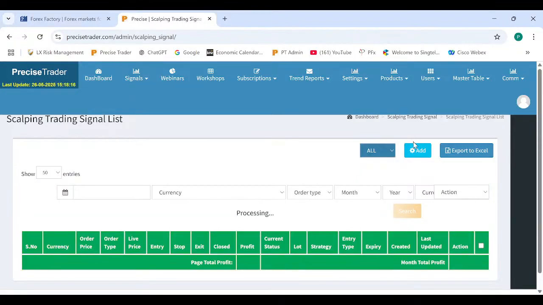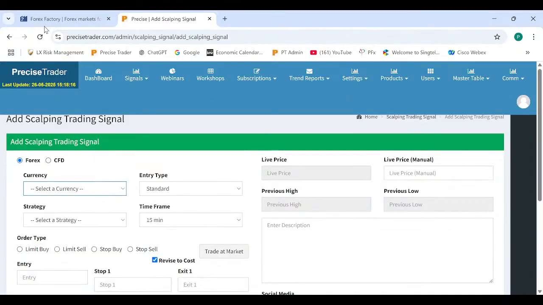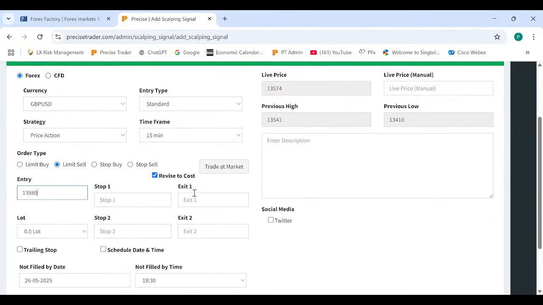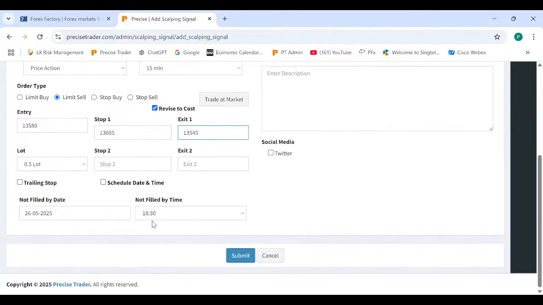So for the pound, we will go for a sell at 135.80, stop at 136.05 and target 135.45.